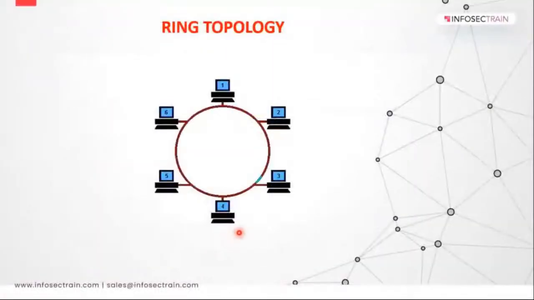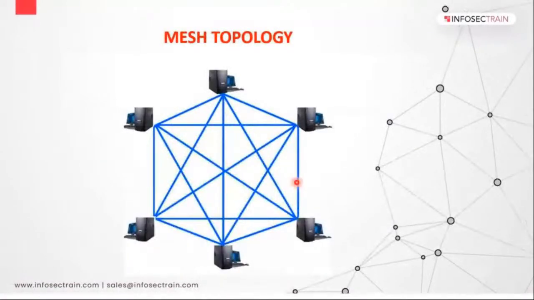Okay. Now moving on to the next type of topology, that is mesh topology. Now it is pretty clear, guys, you can see that topology in front of you. I have 6 devices in my topology, and every device is connected to each other directly and also indirectly, right?